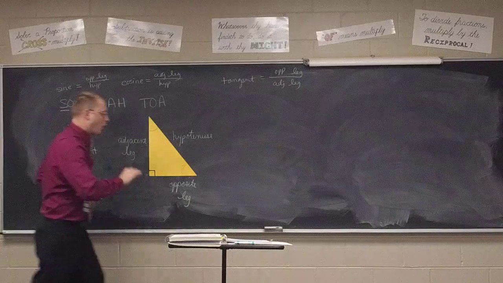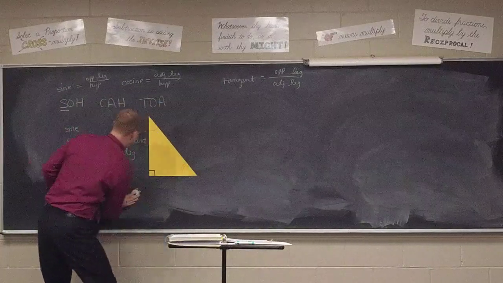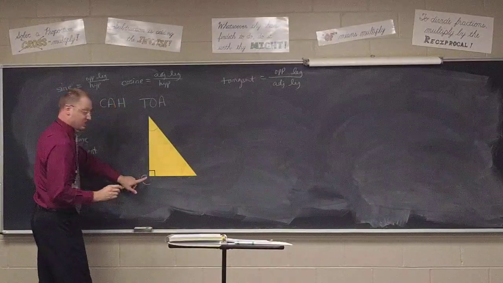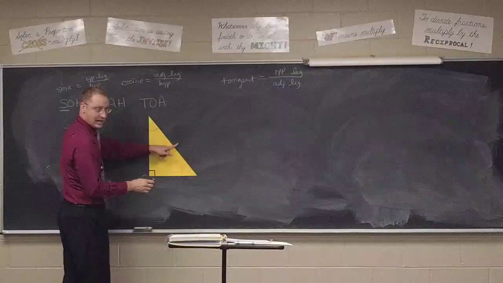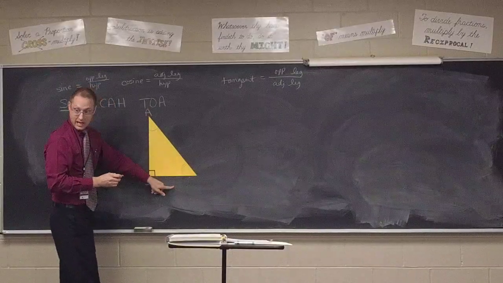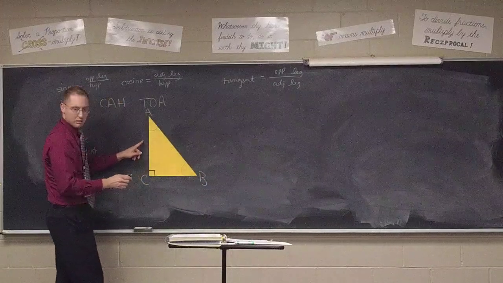So let's suppose I had a right triangle. And we're going to go with Lana's angle. I'm going to call this angle C for the right angle, which by the way makes this side c. I'm going to call this angle A, which by the way makes this side a. I'm going to call this B, which makes this side b, the opposite.